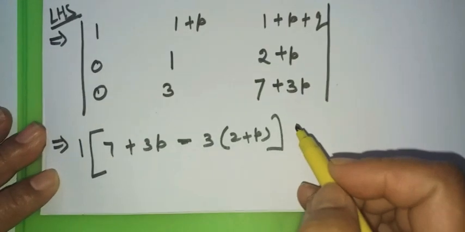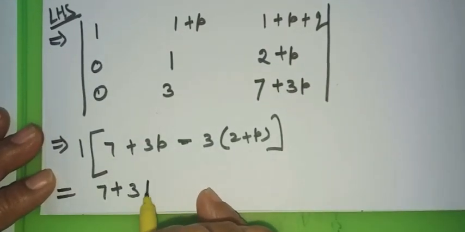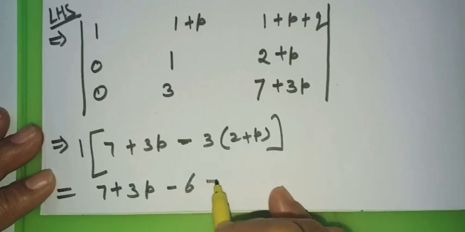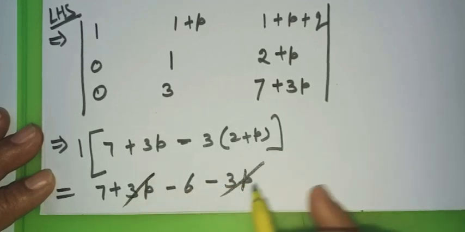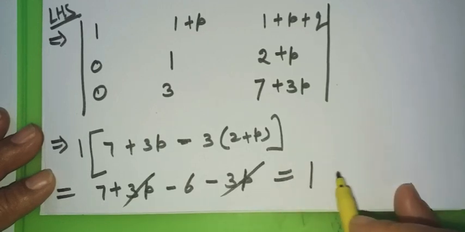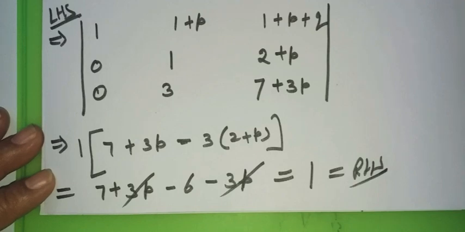We solve further and we get 7 plus 3p minus 6 minus 3p. So we can see 3p gets cancelled and 7 minus 6 is 1, and it was nothing but the required value of RHS.